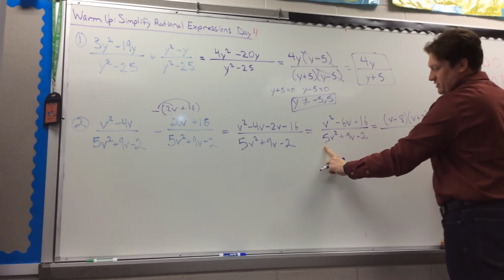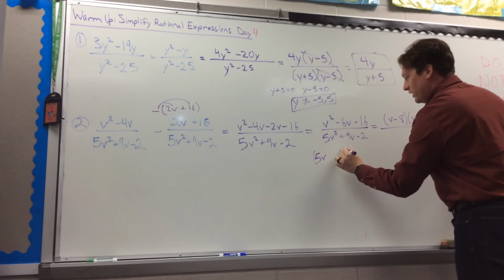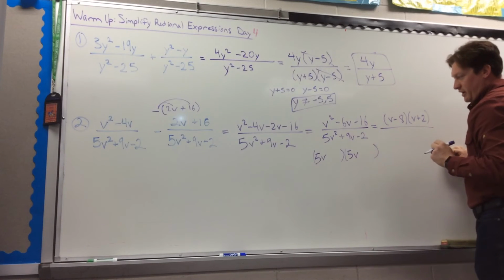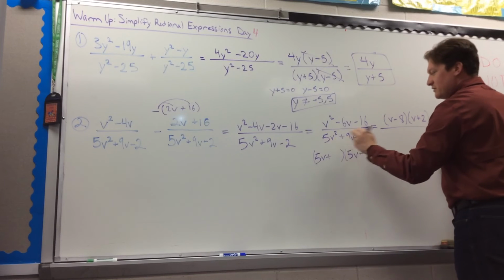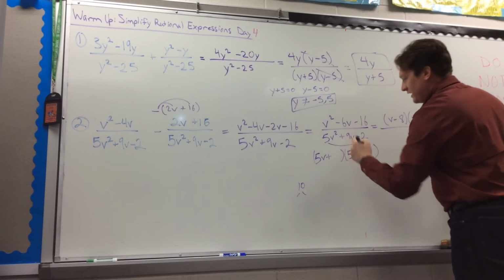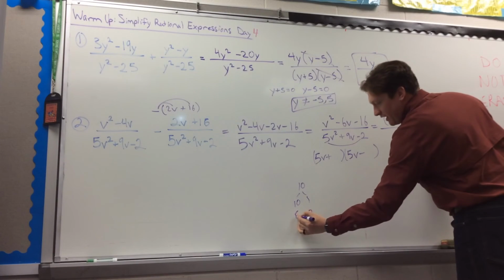So here I've got to use my trick, because we can't take out a greatest common factor, and we have a 5 as our leading coefficient. So I'm going to write this out twice, knowing that I've got to get rid of a 5 so that we can get back to where we were. Plus minus is going to be plus minus. 5 times 2 is 10. My factors of 10 that give me 9 with plus minus are 10 and 1. I also have 2 and 5.